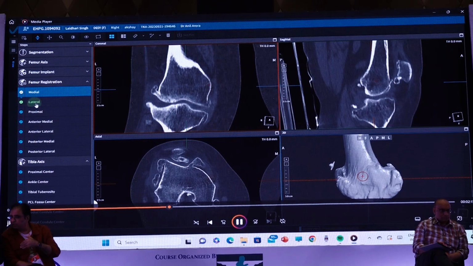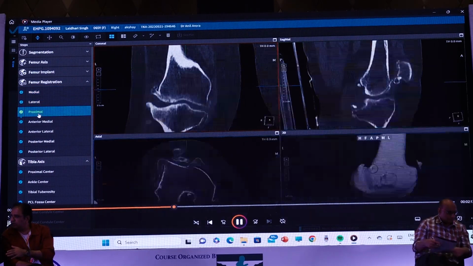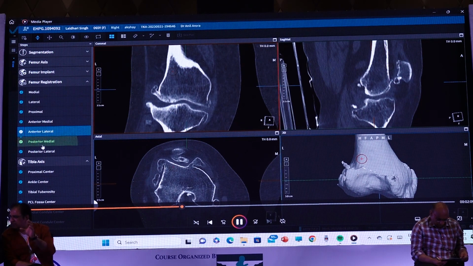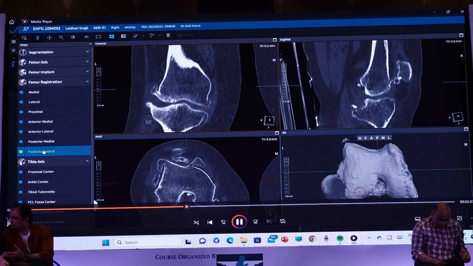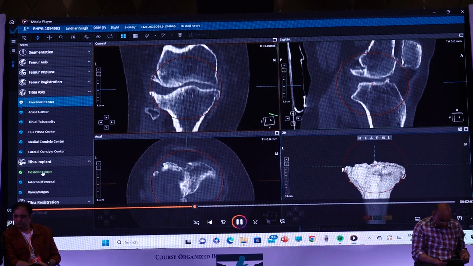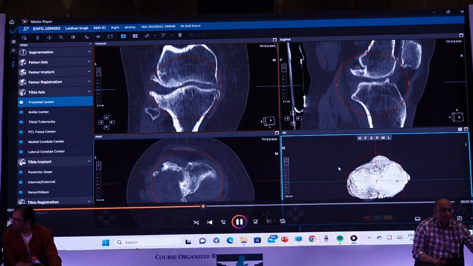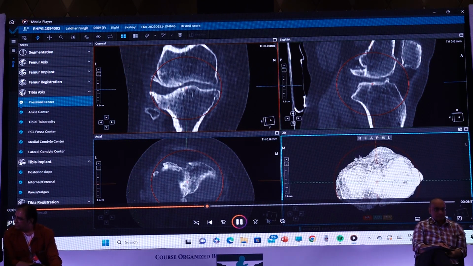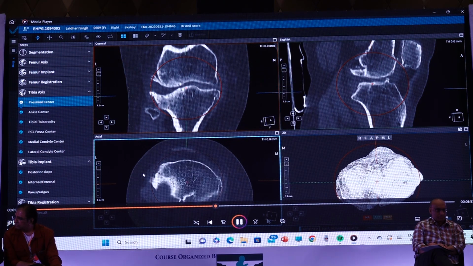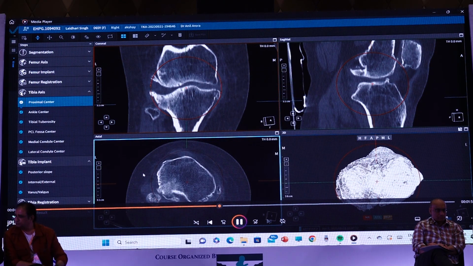Registration points, medial, lateral, proximal, anterior medial, anterior lateral, posterior medial, and posterior lateral. Tibia center. We took 3 degree posterior slope in this case.